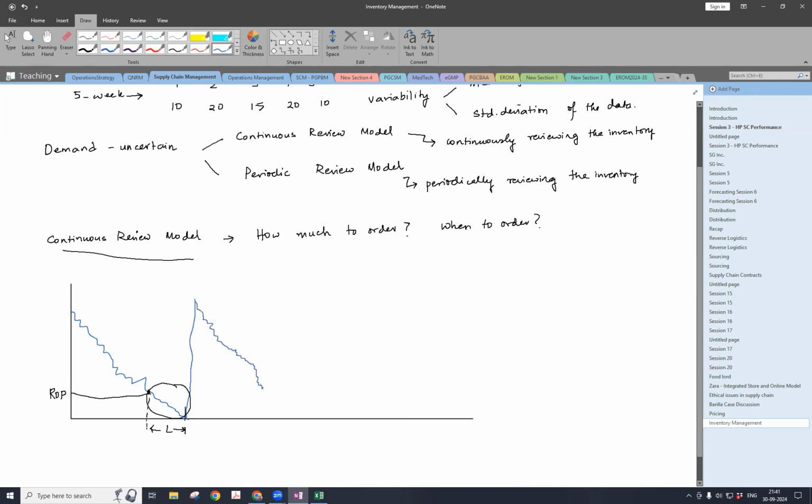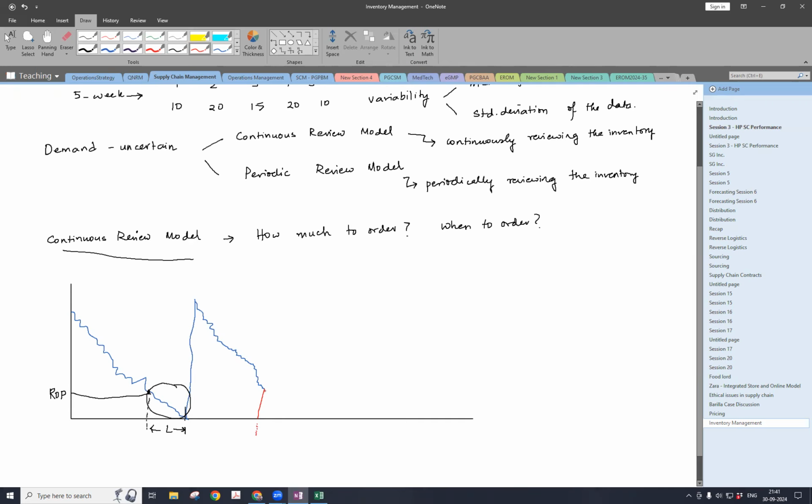Now, imagine we hit this reorder point again. The demand could be very, very high, which would mean that suddenly the inventory drops like this, immediately to zero, and it might even go further down, which means there are stockouts.